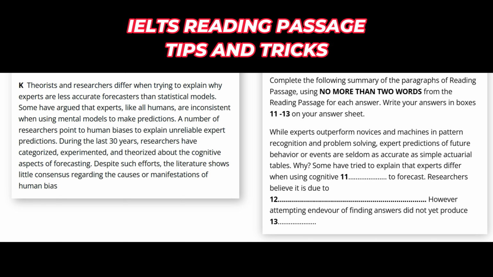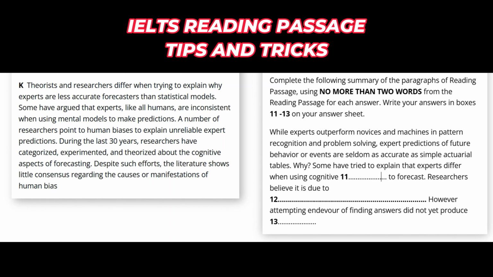So let's read this passage first. Theorists and researchers differ when trying to explain why experts are less accurate forecasters than statistical models. Some have argued that experts, like all humans, are inconsistent when using mental models to make predictions. Mental models to make predictions, right?